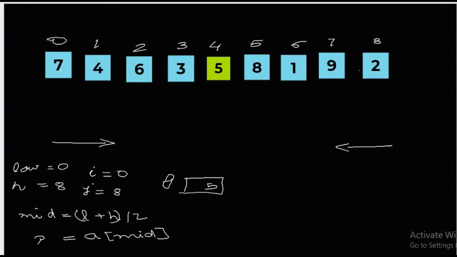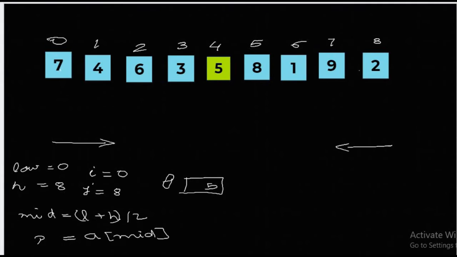If some element is greater than 5 and it is on the left hand side, then we should move it to the right hand side. And if there is an element lesser than the pivot but it is on the right hand side, then we should move it to the left side. This is the basic objective.